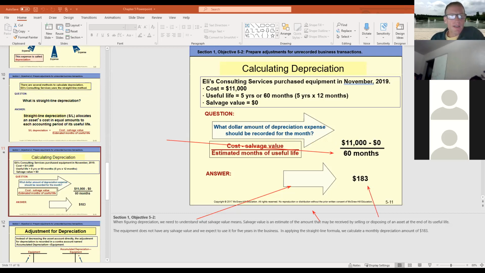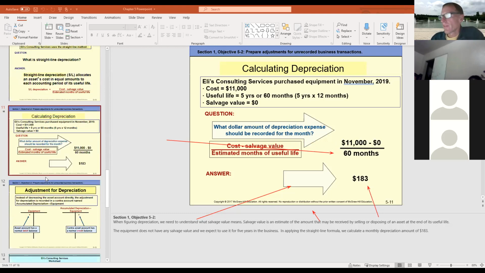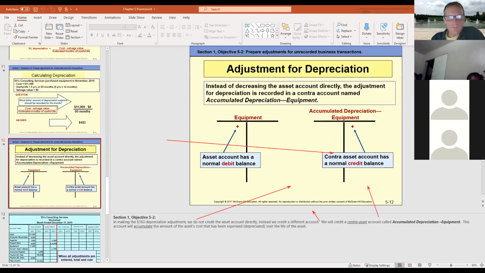Now on the next slide, they show you a new account. So you can see this account. It's called accumulated depreciation. Note that this is what they call a contra asset account with a normal credit balance. Notice the equipment is your normal asset account.